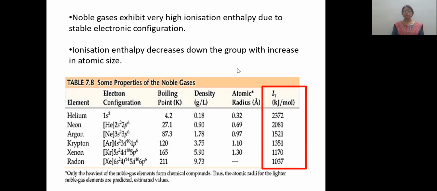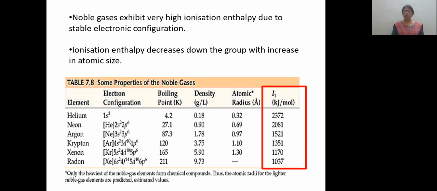The noble gases exhibit very high ionization enthalpy. The reason behind that is their stable electronic configuration. You know that they have 8 electrons in their valence shell and the complete octet is very stable.